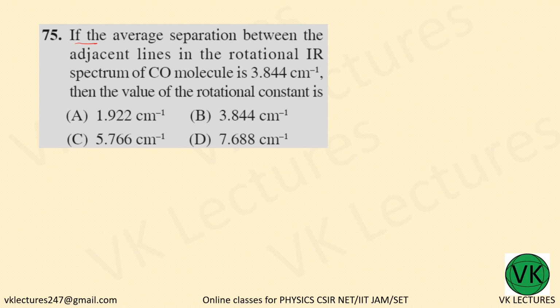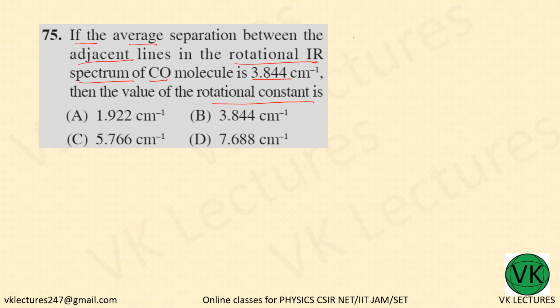If the average separation between adjacent lines of rotational in IR spectrum of carbon monoxide molecule is 3.844 centimeter inverse, then what is the rotational constant? That is the question.